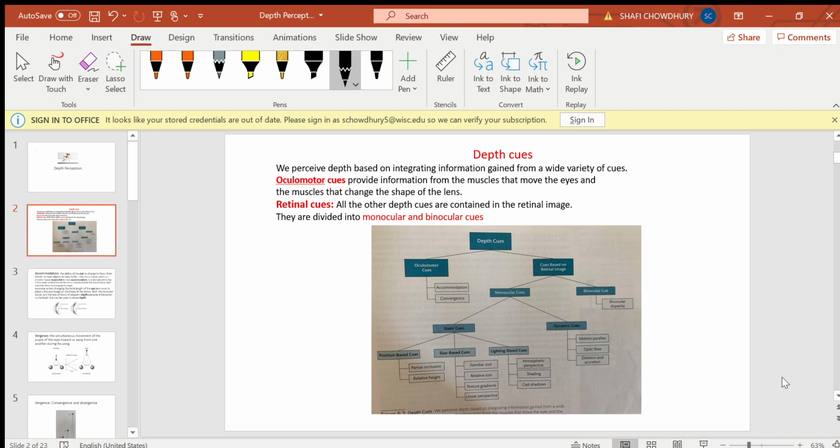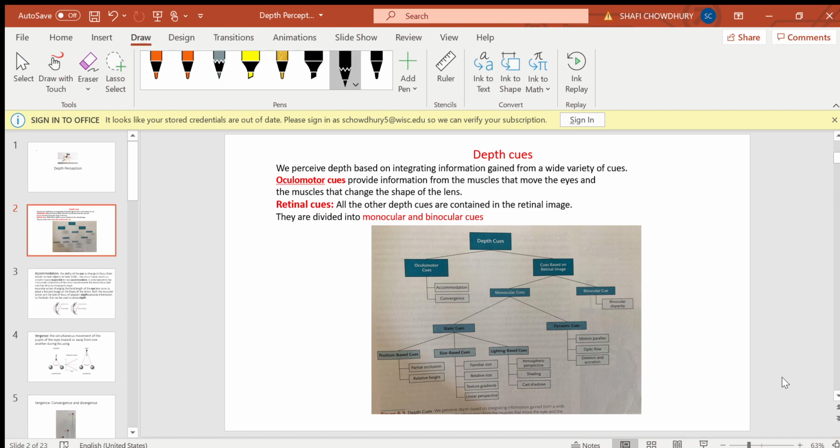You cannot only rely on the oculomotor cues. That's why you need the retinal cues. Those are more powerful to give you the depth perception. Anyway, so oculomotor cues include accommodation and convergence. As I have already mentioned, accommodation is the change of the shape of the lens by the ciliary muscles, and convergence is the movement of the eyeballs in opposite direction.